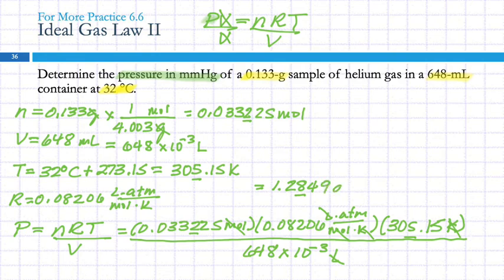And that'll be atmospheres. Now that's a great answer, but it's not the correct answer yet. It wants millimeters of mercury. So we have to convert. One atmosphere, 760 millimeters of mercury.